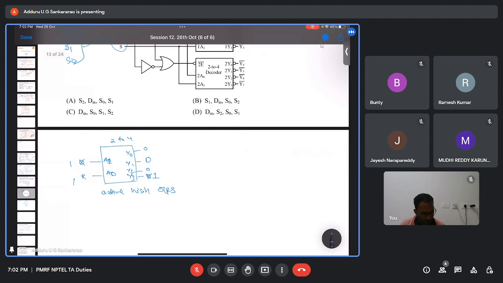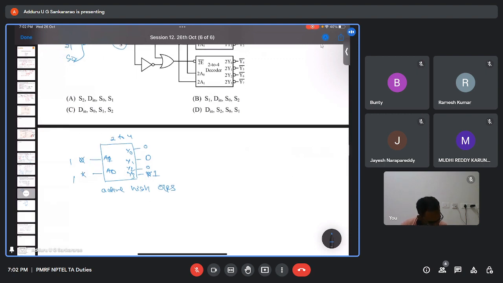Now suppose we have active low outputs, with A1, A0 as the inputs. Active low output means there will be a bubble, or a NOT inverter, followed by the output. That means initially all outputs are 1.